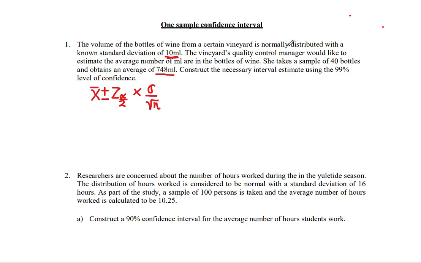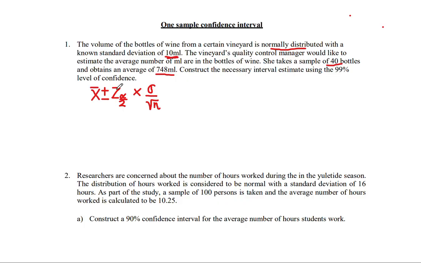We were told that the population is normally distributed, and moreover we have the population standard deviation of 10 milliliters, and the sample size, which is 40 bottles, is greater than 30. Therefore, the conditions are satisfied for using the standard normal distribution or the Z distribution.